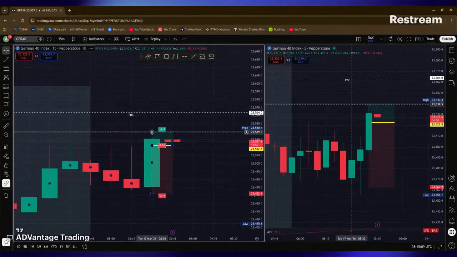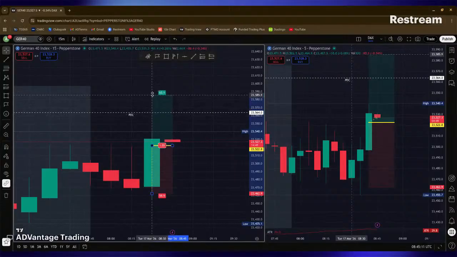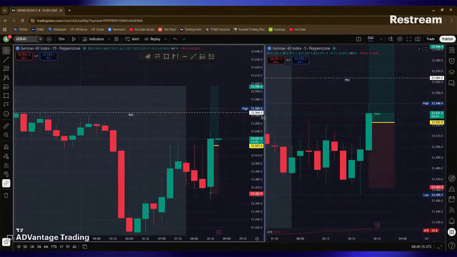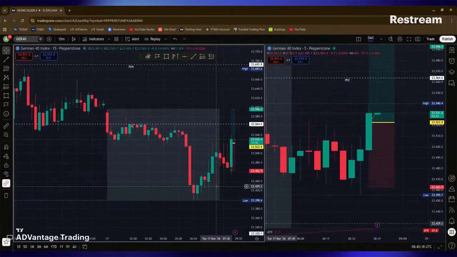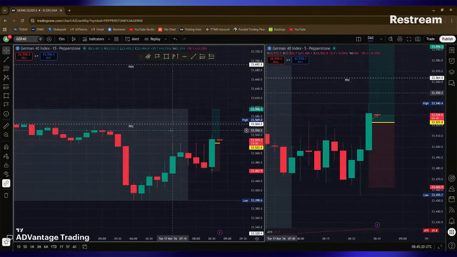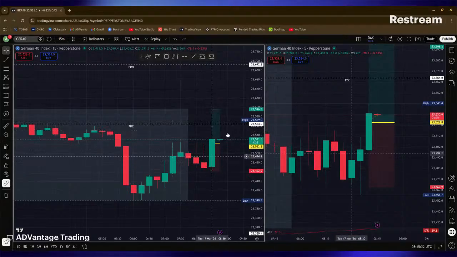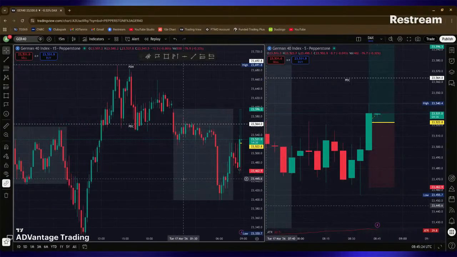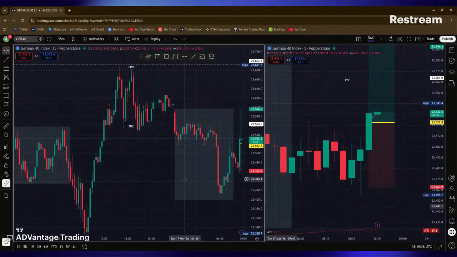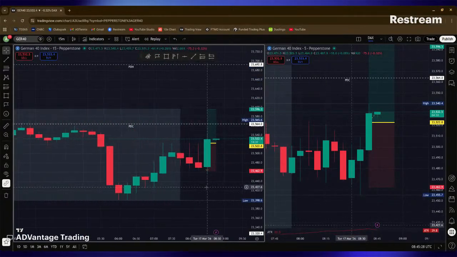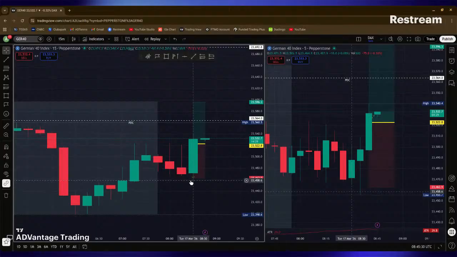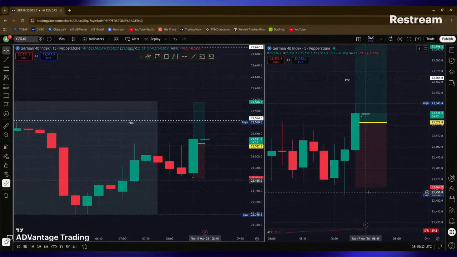Now, I don't anticipate this will be a quick trade by any means, but what I'm ultimately looking for is for the market to test the overnight range high, and the low that we made down here is the low of the morning.